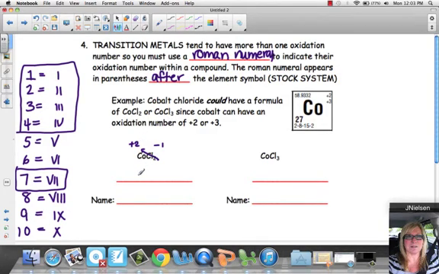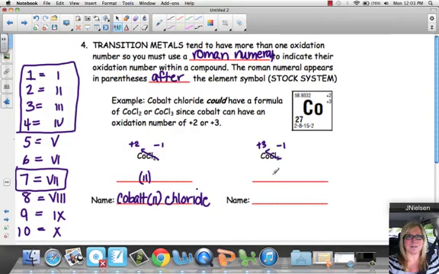So you know that the Roman numeral 2 was used for cobalt. So this would be cobalt(II) chloride. And this one, this 3, came from up here, and there's an unspoken 1.